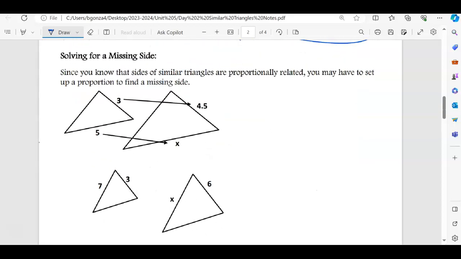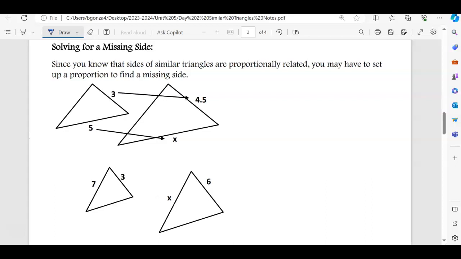Okay, now check it out. When you have two triangles that are similar, do you see how they drew lines to the corresponding sides? I want you to do that every time you see two triangles that say they're similar, or ask are they similar. I want you to draw lines from the corresponding sides, okay?